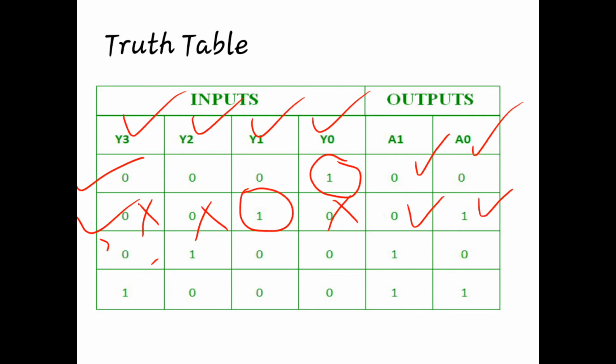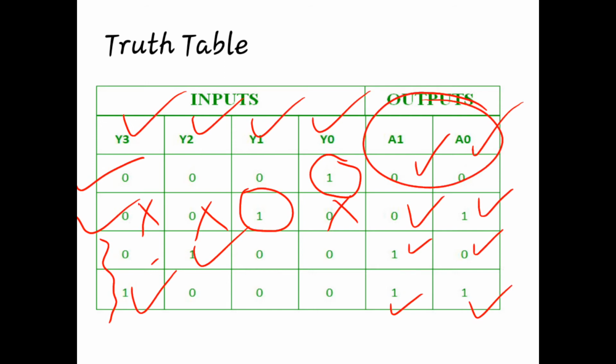Similarly, the rest of the two entries in the truth table, which keep y2 active as well as y3 active, result in two other codes, that is 1 0 and 1 1, again over the output lines A0 and A1.